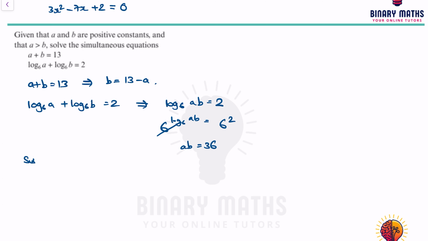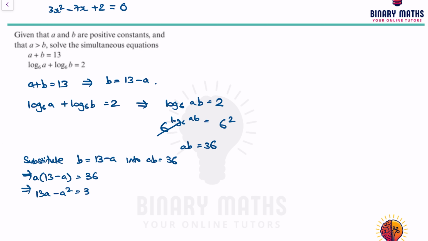Now what I need to do is substitute b is equal to 13 minus a into ab equals 36, which implies I get (13 minus a) times a is equal to 36, which means I get 13a minus a squared is equal to 36. I take everything to the right-hand side, I get a squared take away 13a plus 36 equals 0.